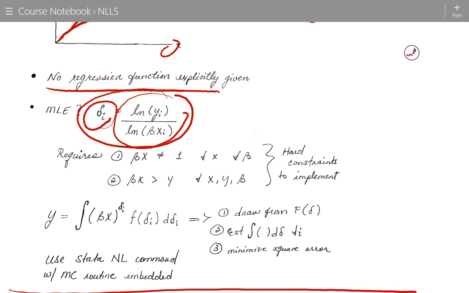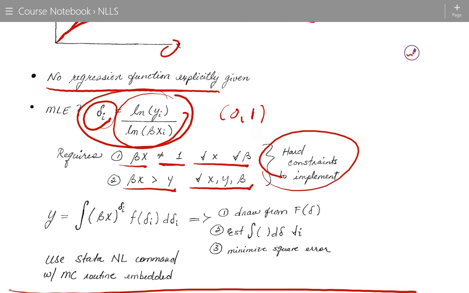Because this delta_i goes between 0 and 1, this would require that beta x is not equal to 1 for all x and for all beta, and beta x is greater than y, that would need to be the case as well for all x, y, and beta. This is hard to implement as constraints in Stata to be able to estimate this by maximum likelihood based on the delta's distribution. It would have to search these values and not violate these conditions.